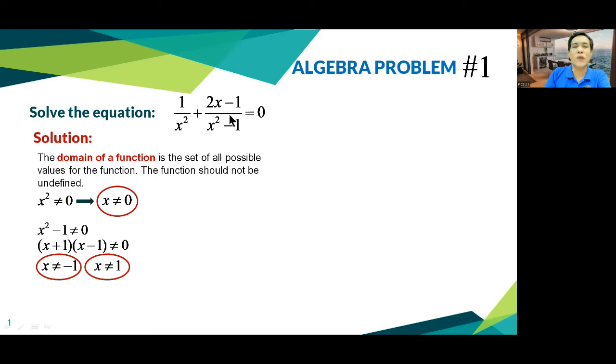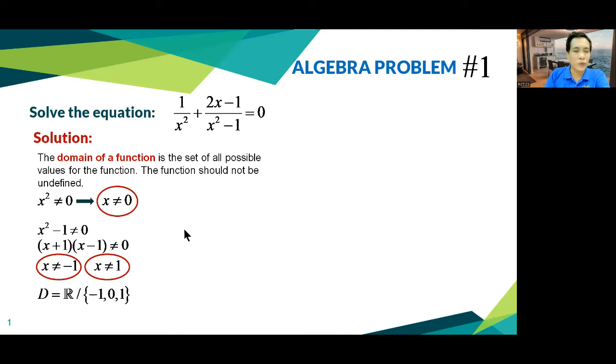So 2x minus 1 divided by 0 is undefined. When x is 1, let's say for example, 1 squared minus 1. 1 squared, that's 1. Minus 1, that's 0. So 2x minus 1 over 0 is undefined. So these are the restricted values.